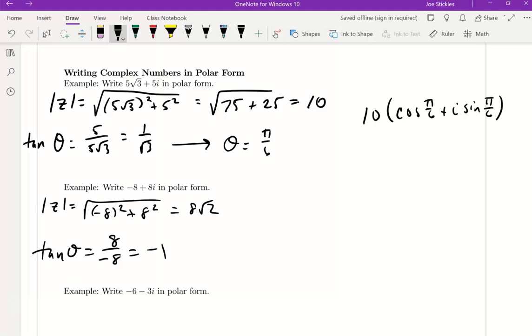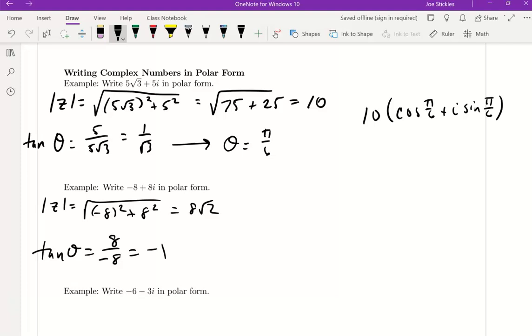To figure out our theta again, we'll do tangent of theta is y over x. Again, imaginary part is the y, real part is the x. So 8 over negative 8 gives me negative 1. Also pay attention to what quadrant we should be in. If we were to plot this complex number, what quadrant would you be in?